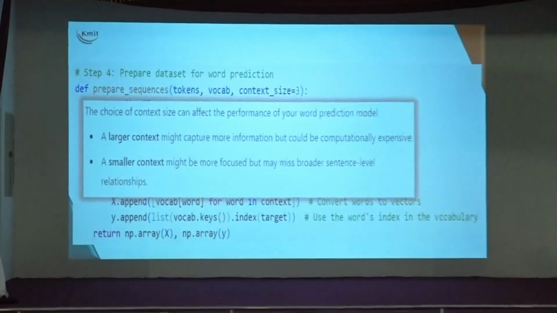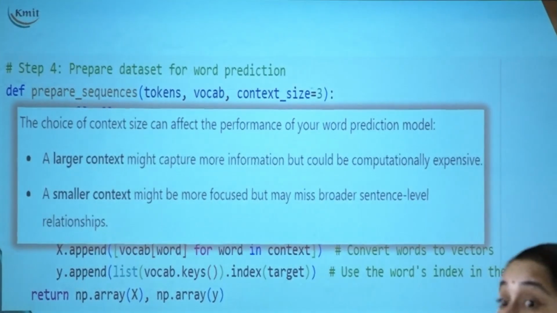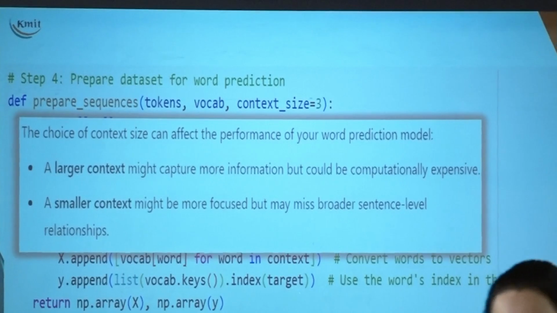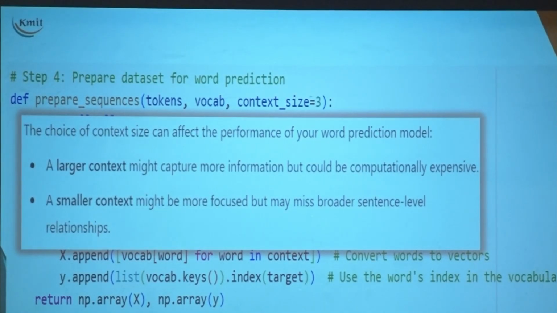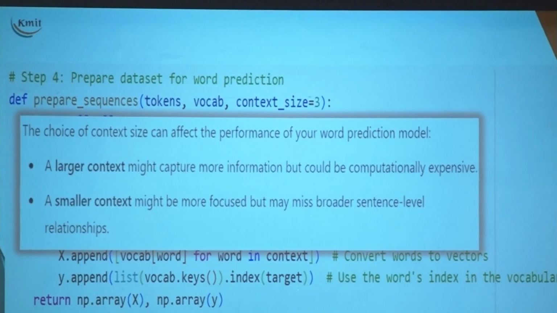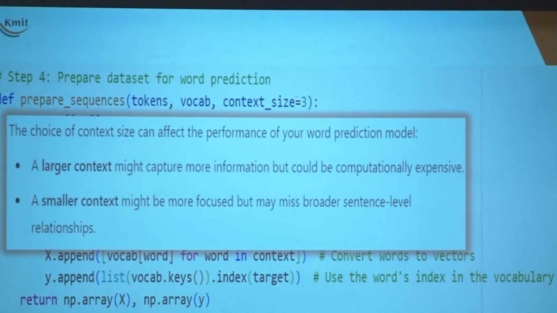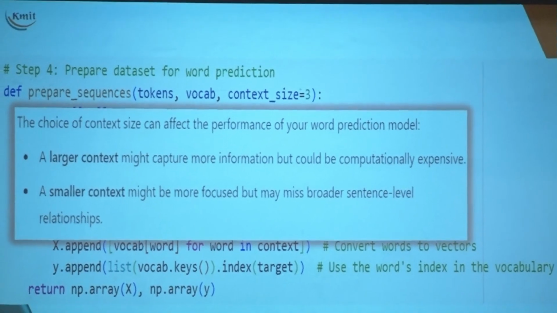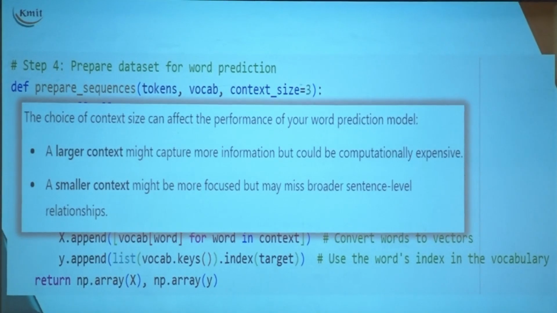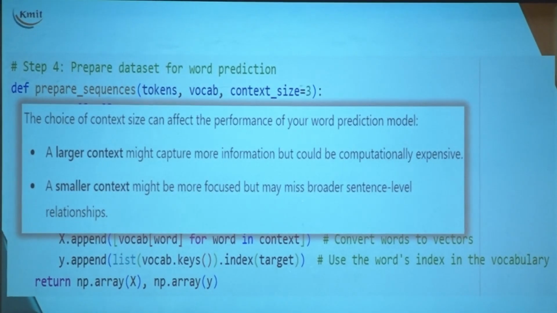Oh, I forgot this point. You can ask me why the context size was 3. Can we change it? Yes, you can. So how do you select it? The context window will be selected based on the type of application you are doing. So now you understand what all your model performance is based on.